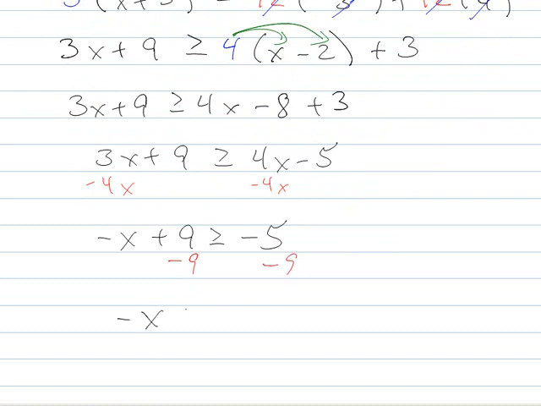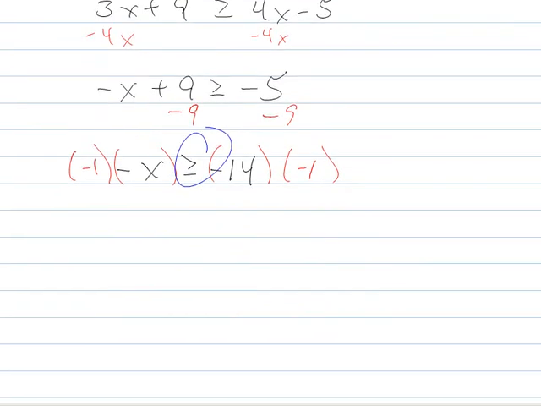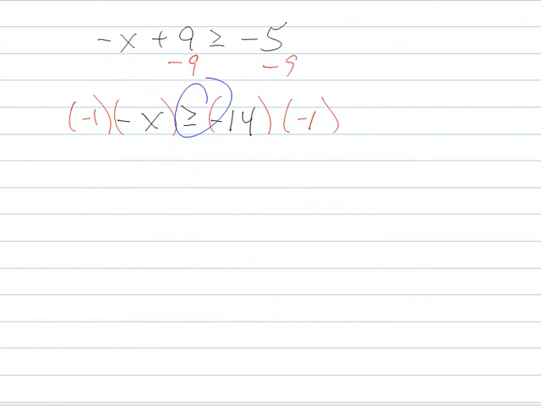Got negative x greater than or equal to negative 14. Multiply both sides by a negative 1, or divide both sides by a negative 1, whatever makes you happy. You can have the same effect, as long as you remember to flip the sign. And when I do that, I get x is less than or equal to 14.